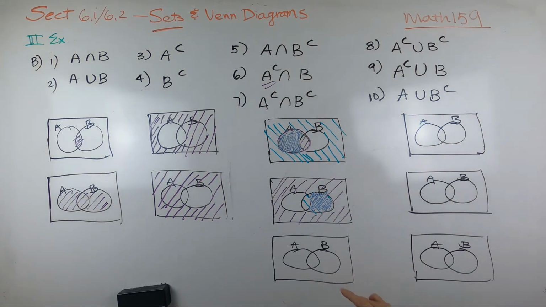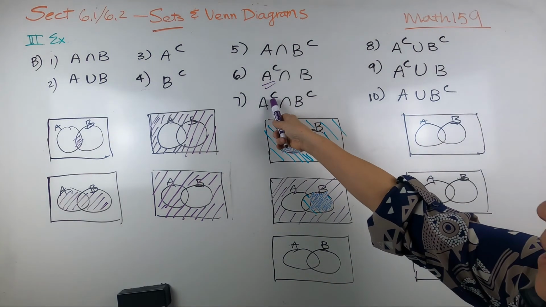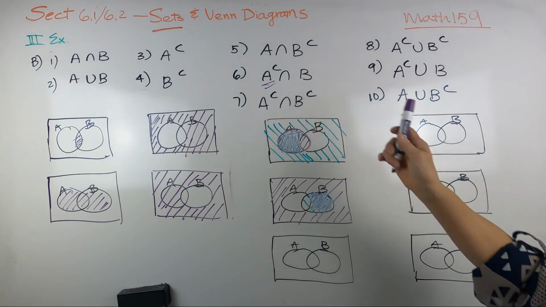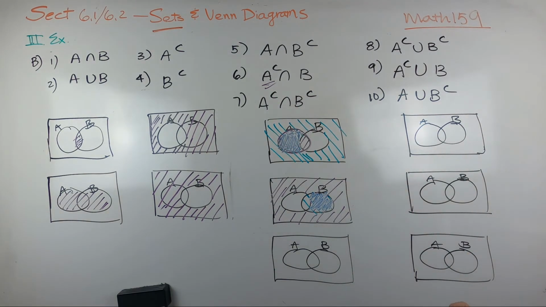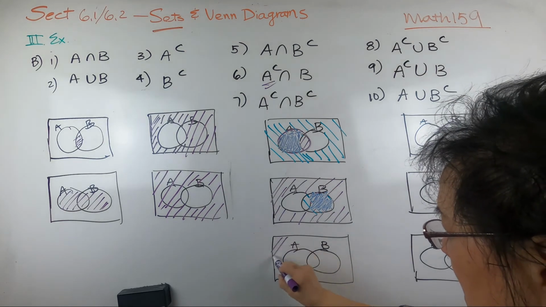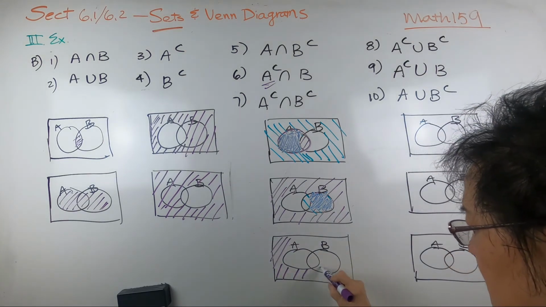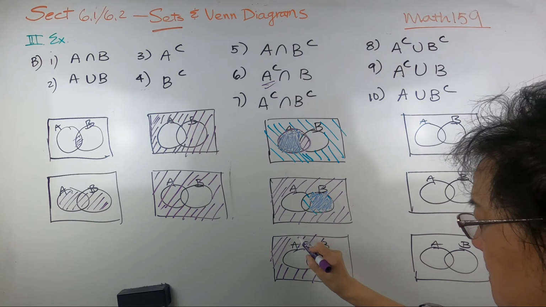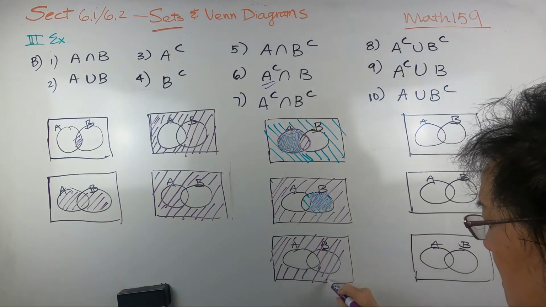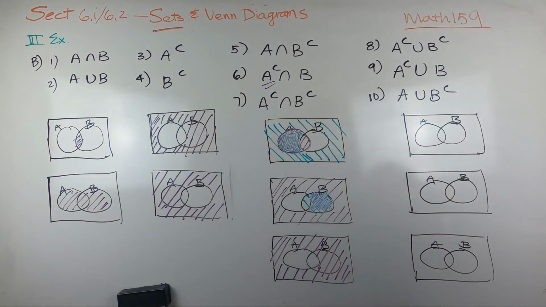Then take a look at the next one: A complement intersect B complement. Where is A complement? Outside of A. Then where is B complement?